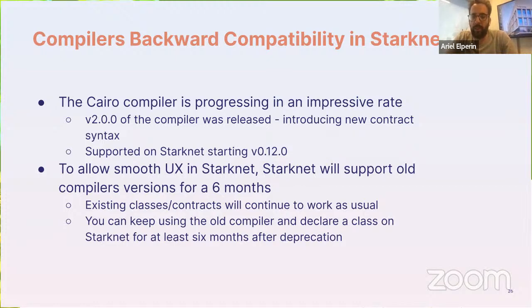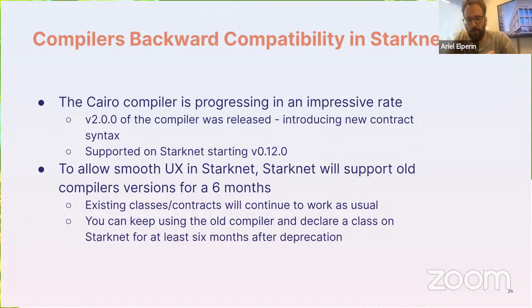So basically, if there's now a compiler upgrade that includes some breaking changes, you have a period of at least 6 months to keep working on your contract with the old compiler and eventually declare or deploy it on Starknet, at which point it will last forever. So this is the guarantee from now onwards in regards to breaking changes in the language syntax.